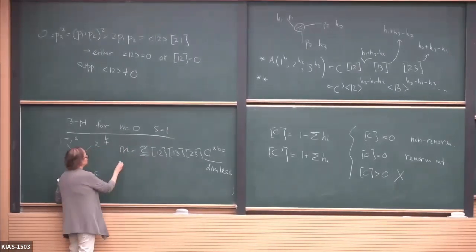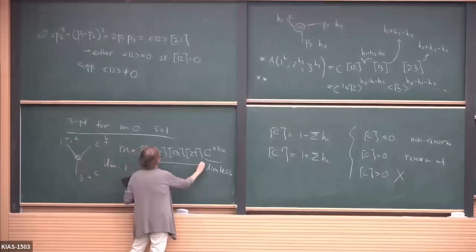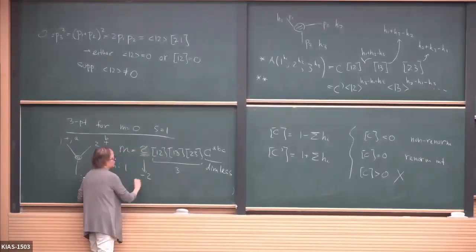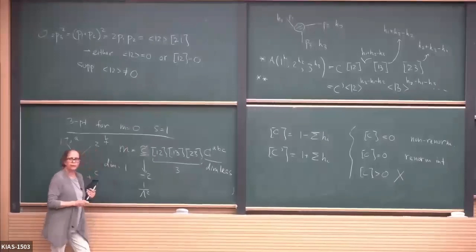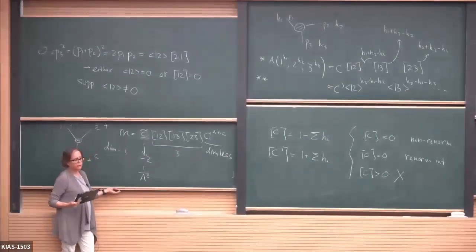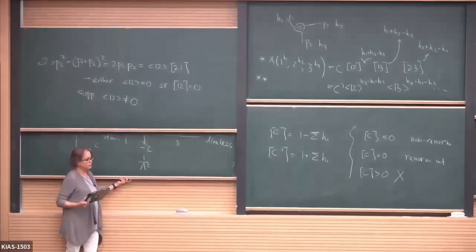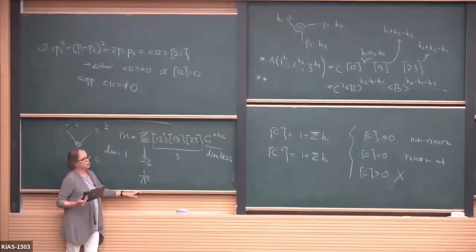So we said the amplitude, let's talk about dimensions. So the amplitude has dimension 1. This whole thing has dimension 3. So that means that this guy has dimension -2. So I can write this as 1 over some lambda squared, where lambda is some scale. So that's exactly what you asked me. So here I have a scale appearing, but it's appearing in the denominator. So that's consistent with being a non-renormalizable interaction. And there's nothing wrong with that.